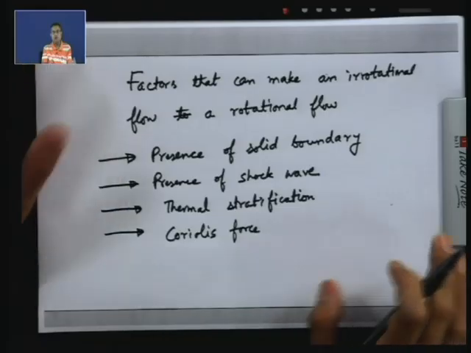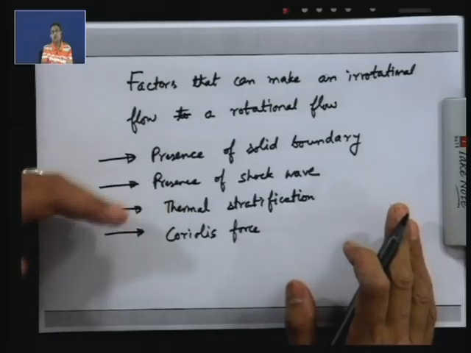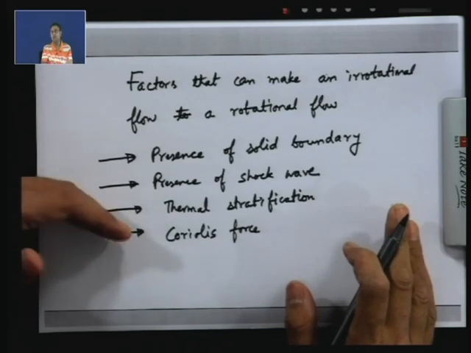So we have to ascertain that the flow is originally irrotational and these effects are not important. If these effects are important, then even an originally irrotational flow will become rotational. So a flow which is irrotational forever is a very interesting flow. It is originally an irrotational flow, and in addition it is an inviscid flow.